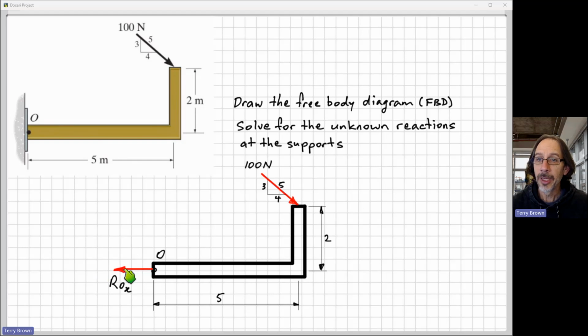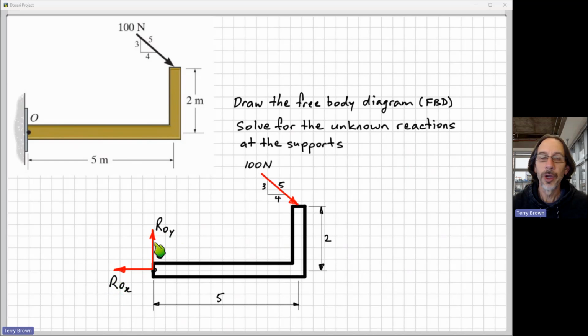In labeling my unknown here, some people will have just O subscript X. As I've explained in other videos, I prefer to use a capital R or a capital F just to indicate clearly and unambiguously that this is a force that I'm talking about.